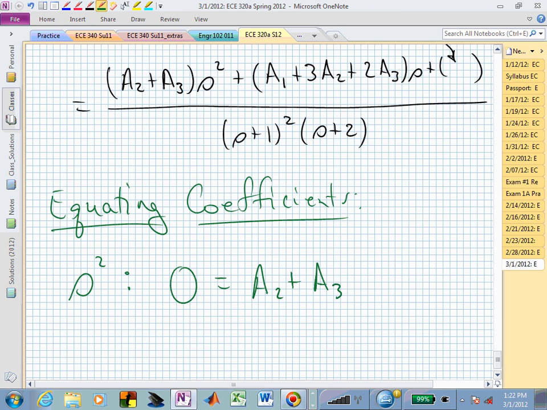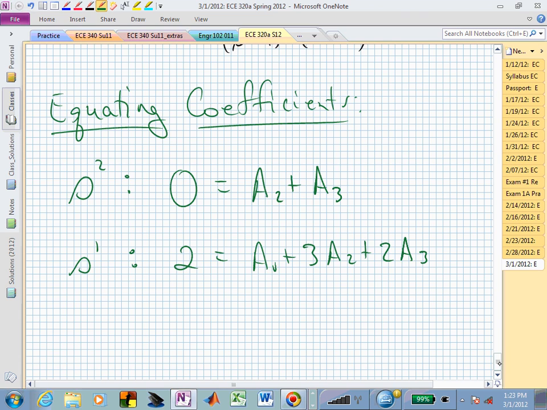And that actually would allow us to check our work if we wanted to. Now we know a2 is minus a3 or a3 is minus a2. And we've determined that that's the case, haven't we, earlier? What about if we equate the s1 coefficients? On the left we had the 2, and on the right we have a1 plus 3a sub 2 plus 2a sub 3.